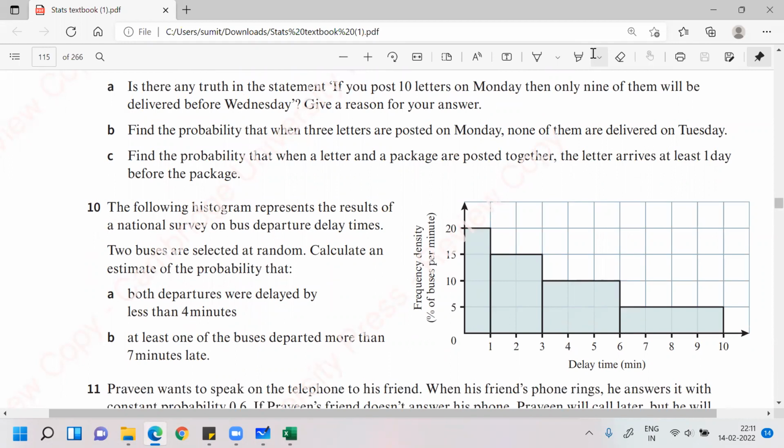It is given that a histogram is provided, where they're talking about the frequency density. The frequency density is the percentage of buses per minute, given on the vertical axis, while the horizontal axis shows the delay time of these buses.